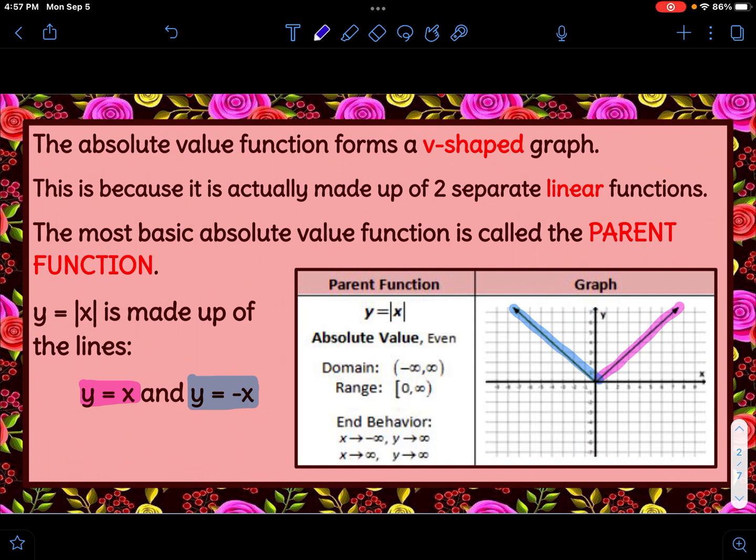So the first value is 0. The first y value is 0. It's included, so it has a square bracket. And then there's your end behavior. As x goes to -infinity, y goes to +infinity. As x goes to infinity, y goes to infinity. So that would be an up and up end behavior that we talked about.